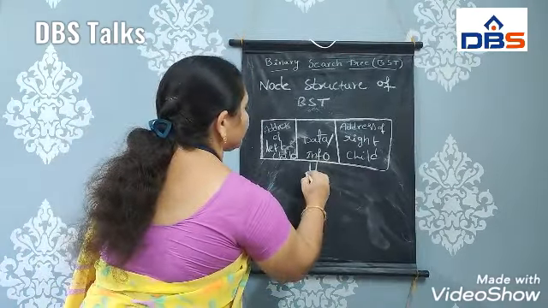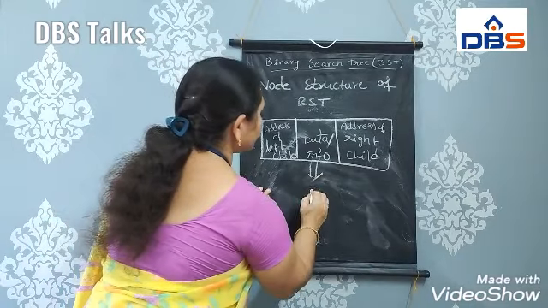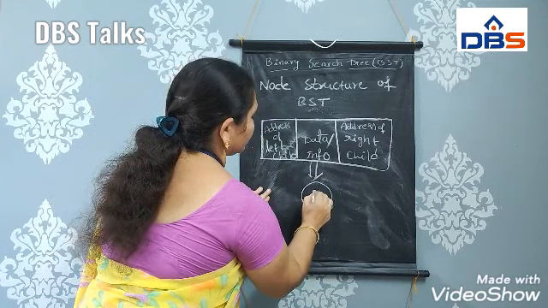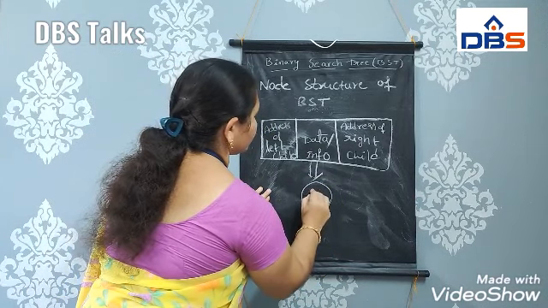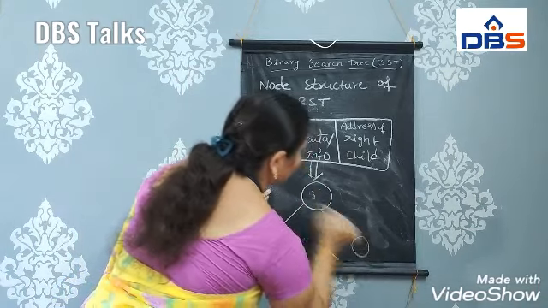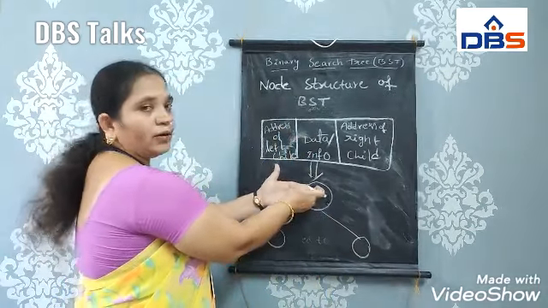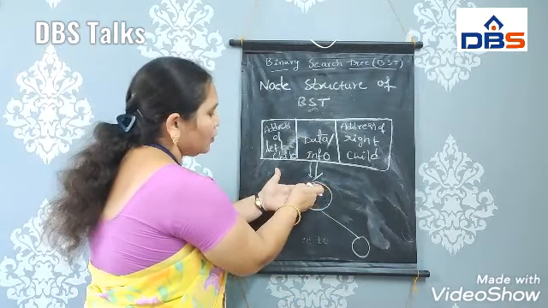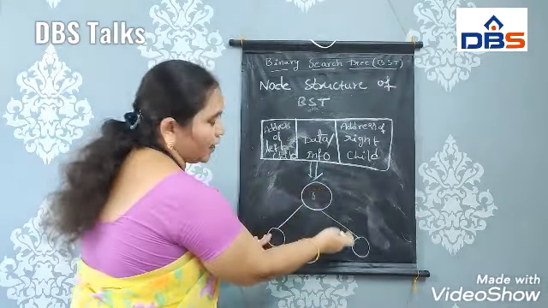This is the root node. It has the data. The node contains 2 children.